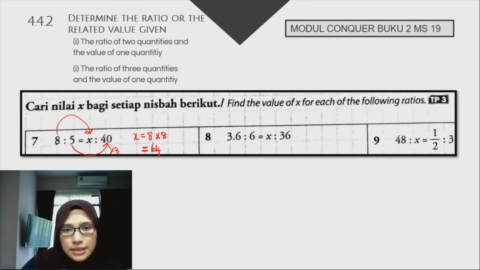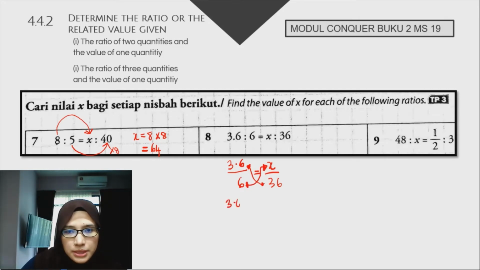Second method, you can use proportion. Write down the ratios in fraction form. Must be in relative value. 3.6 is x and 6 is 36. So cross multiplication. Cross multiplication is you times the down left with the above right, and the down right with the above left.